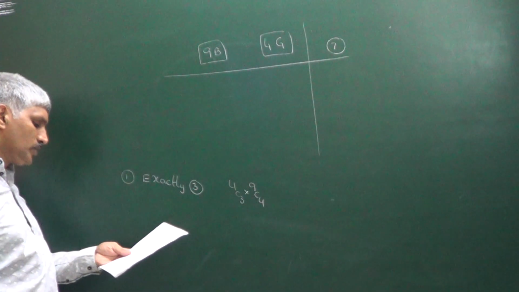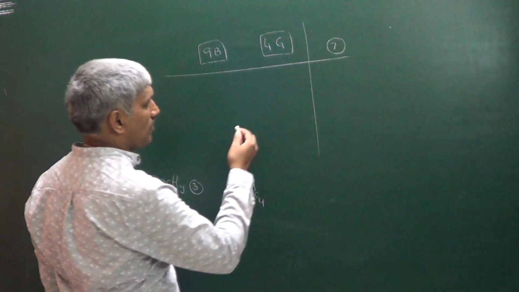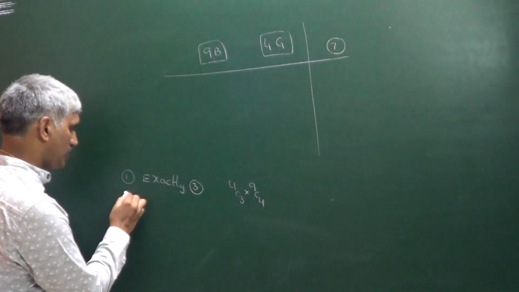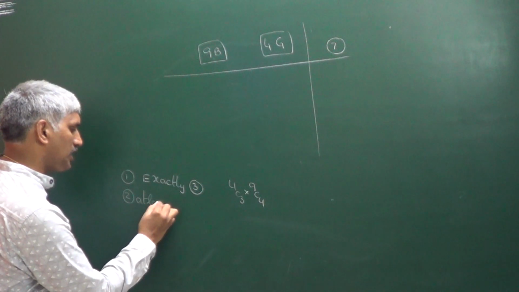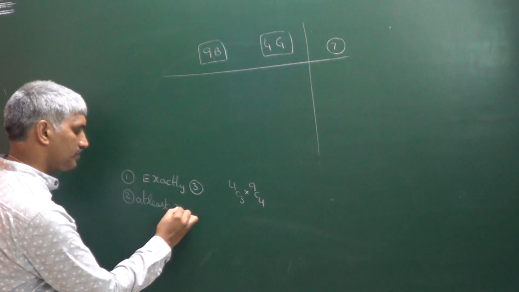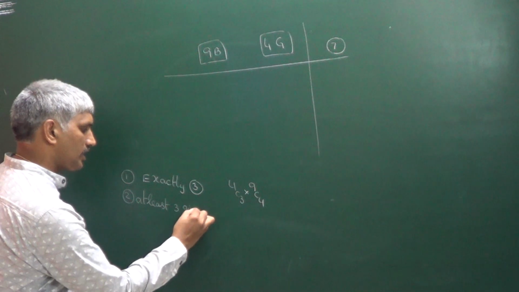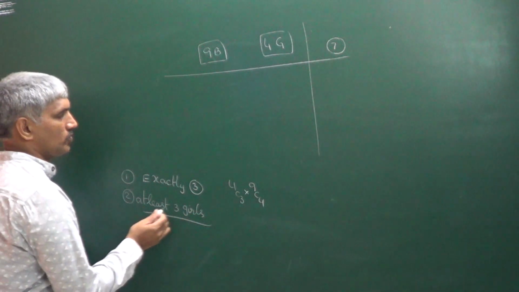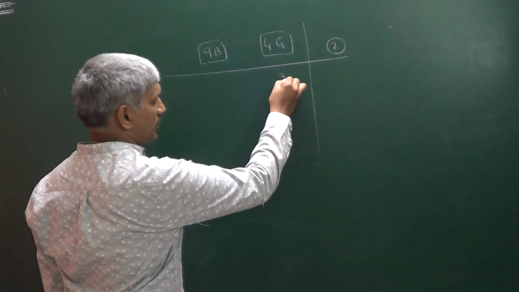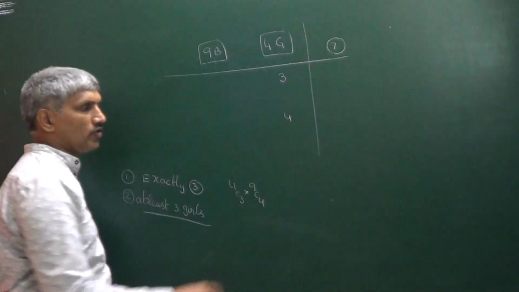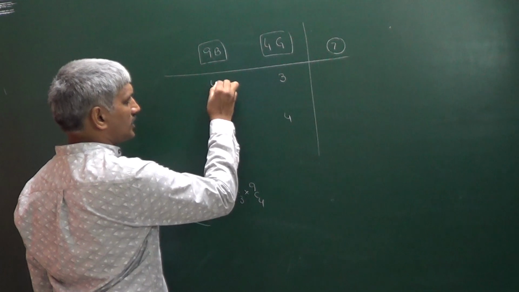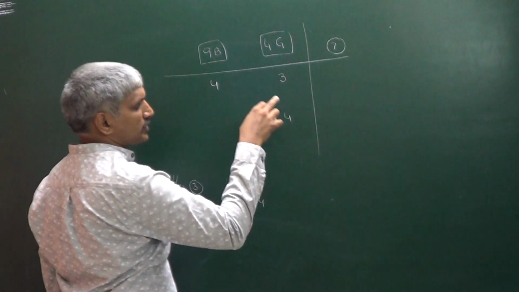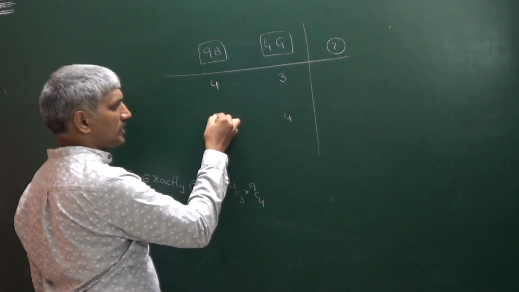Next it is asking at least 3 girls, minimum 3 girls. Take care about these words. At least 3 girls in the committee means what? I may select 3 girls or I may select 4 girls. If you are selecting 3 girls, we have to select 4 boys. If you are selecting 4 girls, you have to select 3 boys.